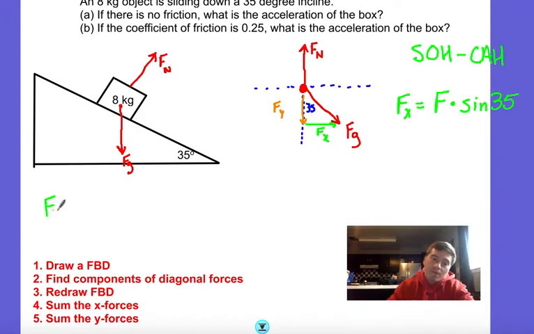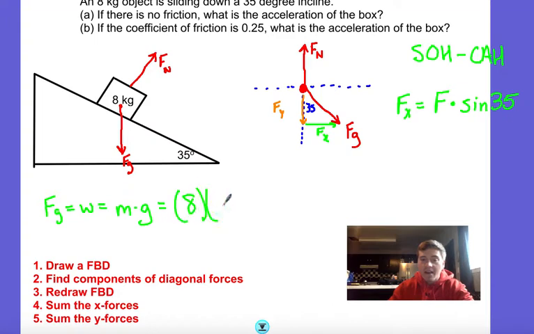So we know that the force of gravity is the weight, which is just the mass times the acceleration due to gravity. So I have an 8-kilogram object, and I need to multiply that by 9.81 meters per second squared, which is the acceleration due to gravity at the surface of the Earth.